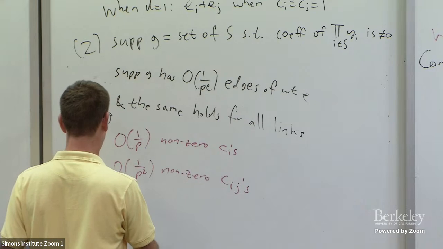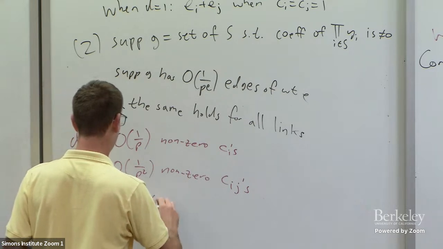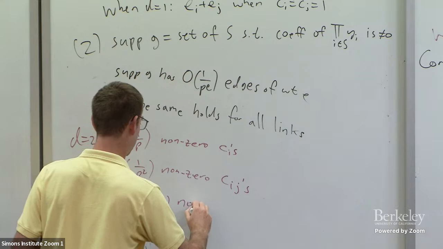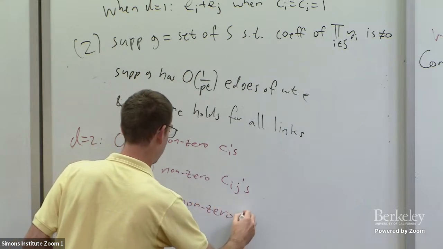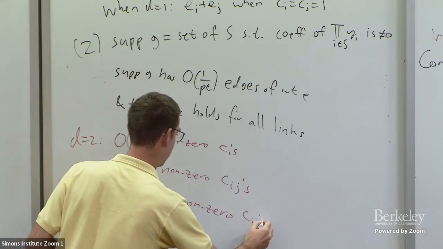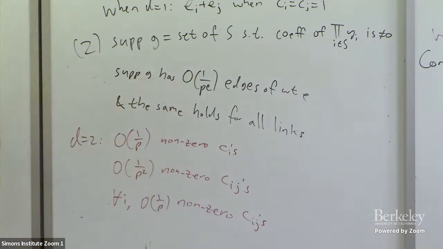And for each i, order 1 over p non-zero cij's. So this is essentially the spreadness condition, globalness, whatever you want to call it. We called it, you use some other term. But we get this for free from the proof, and it's necessary to reverse some union bound somewhere. But let's not worry too much about that. This is this condition, we see it here.